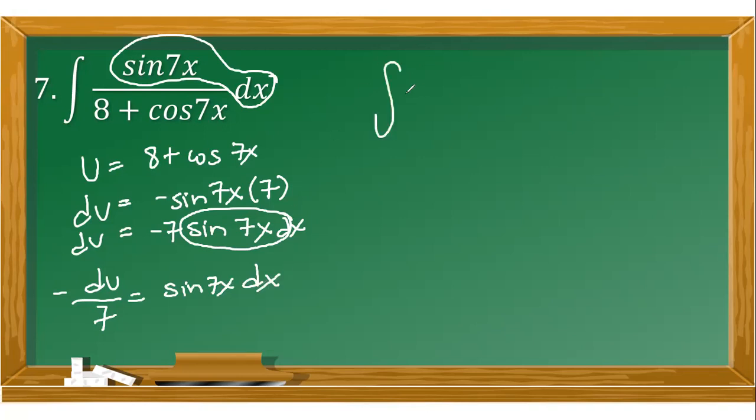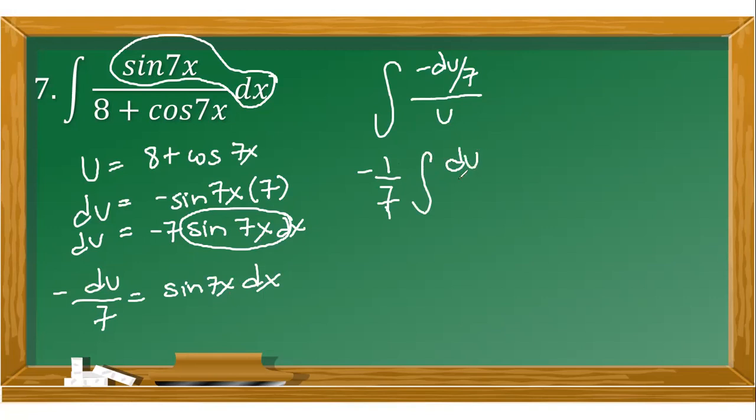Okay, so rewriting our function, we get the integral of sine 7x dx as negative du over 7 all over u. So again, the constant negative 1 over 7, I will take it out so that we don't get confused.